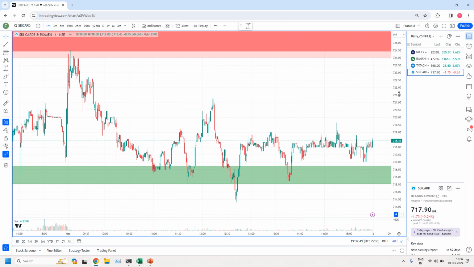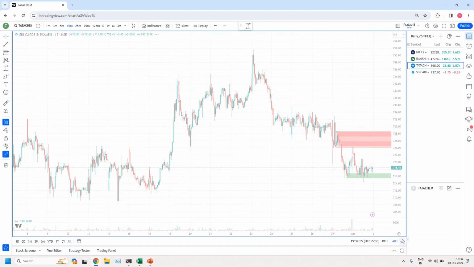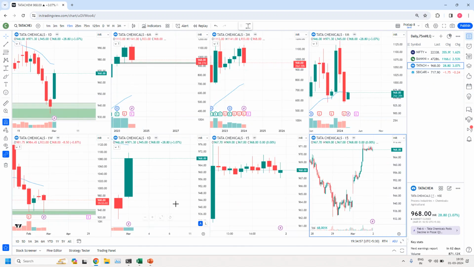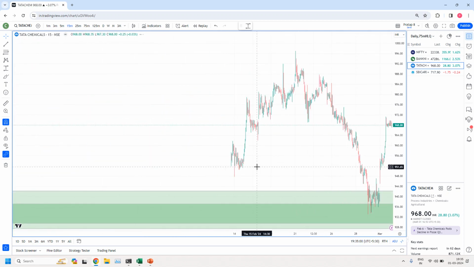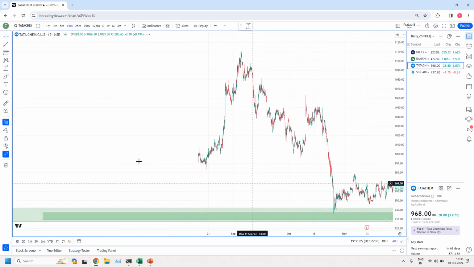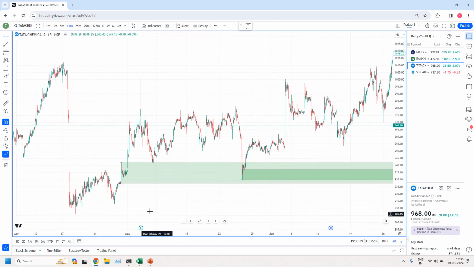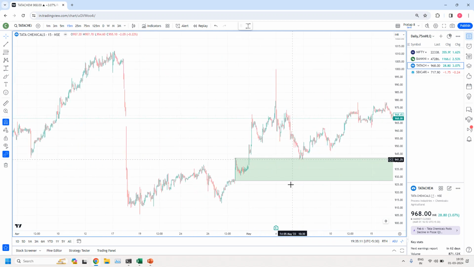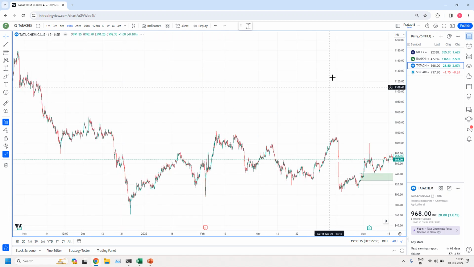So this is about SBI Card, and the other one is Tata Chemicals. This one we already discussed earlier, this 75-minute zone, because it already gave trades previously. Sorry, we are at the 15-minute time frame.